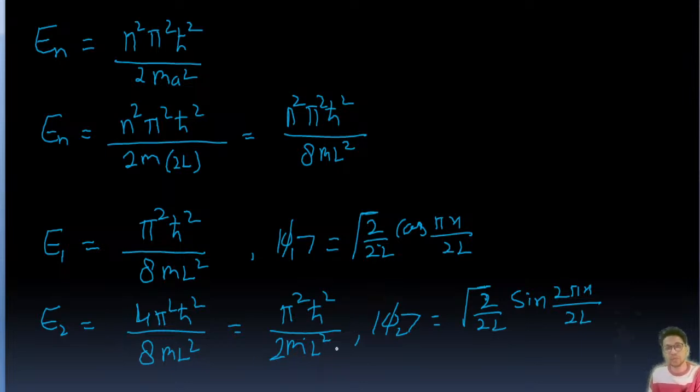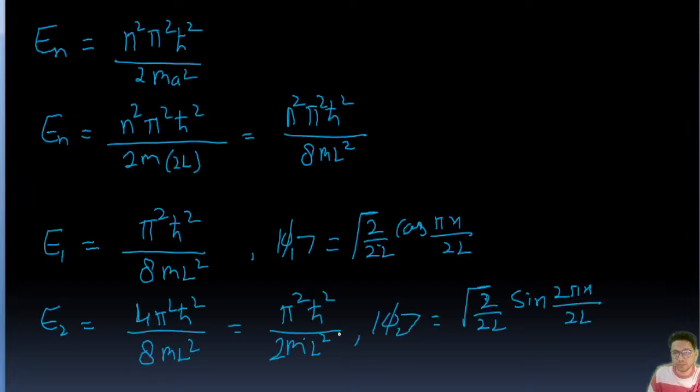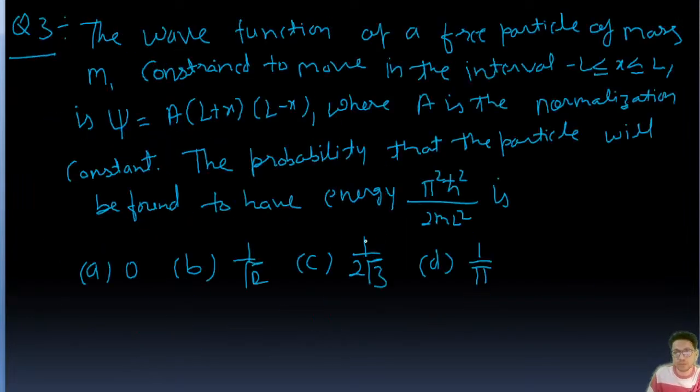So for n equal to 2, that is the energy of the particle, E2. We'll find the probability of finding the particle when its energy is E2, which is pi square h square upon 2 m L square.